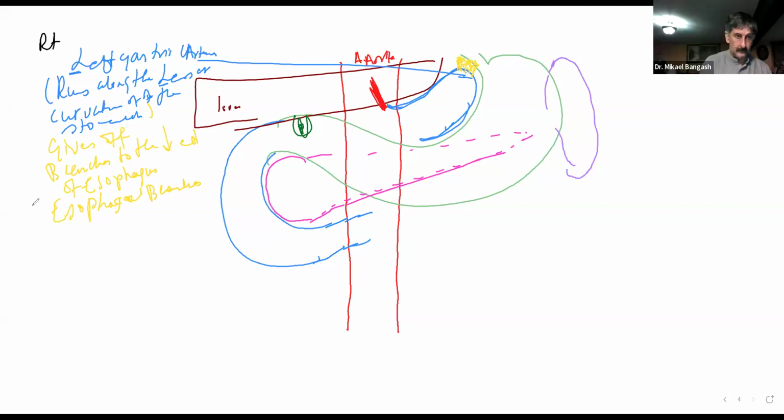Now, guys, another left branch that arises off from the celiac trunk is what we call the splenic artery.